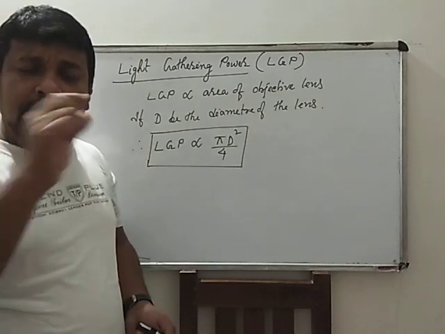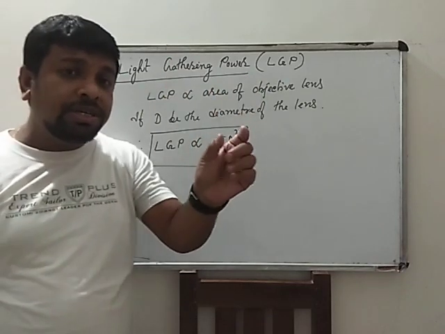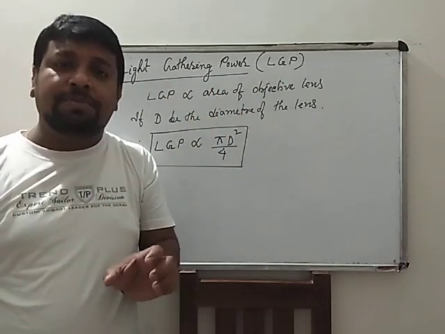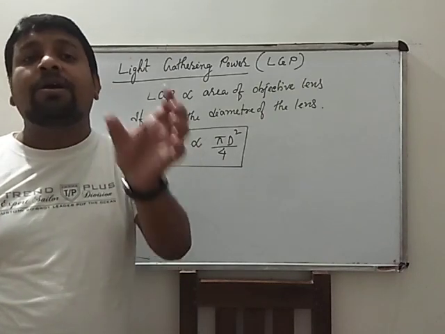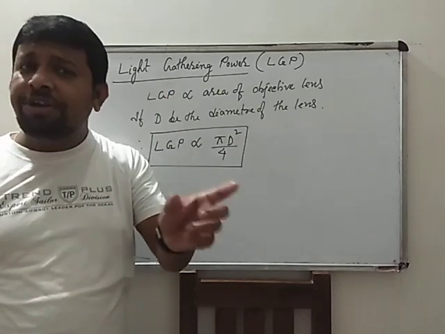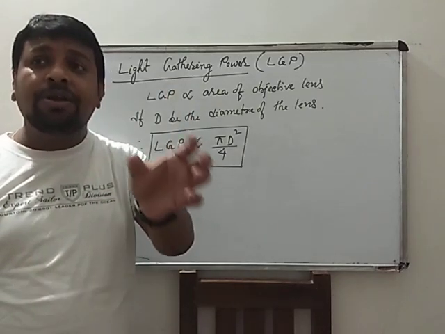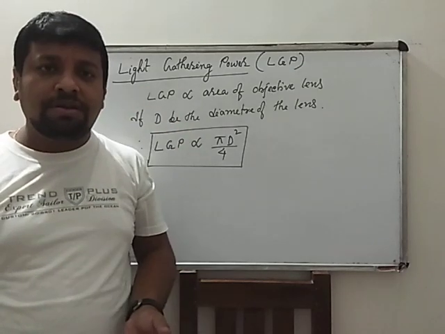The second drawback of the astronomical refracting telescope is spherical aberration and chromatic aberration. To avoid spherical aberration or chromatic aberration we require a mirror.